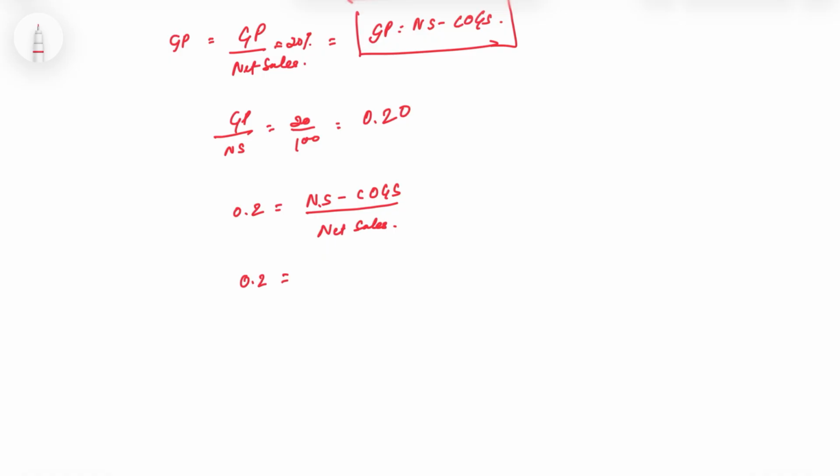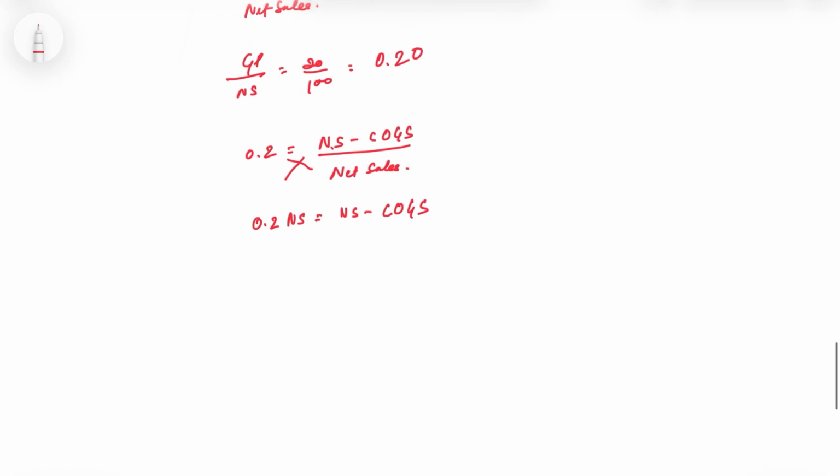Now we cross multiply, so net sales goes to the other side: 0.2 times net sales is equal to net sales minus cost of goods sold. Transferring the terms, 0.2 net sales minus net sales is equal to minus cost of goods sold.